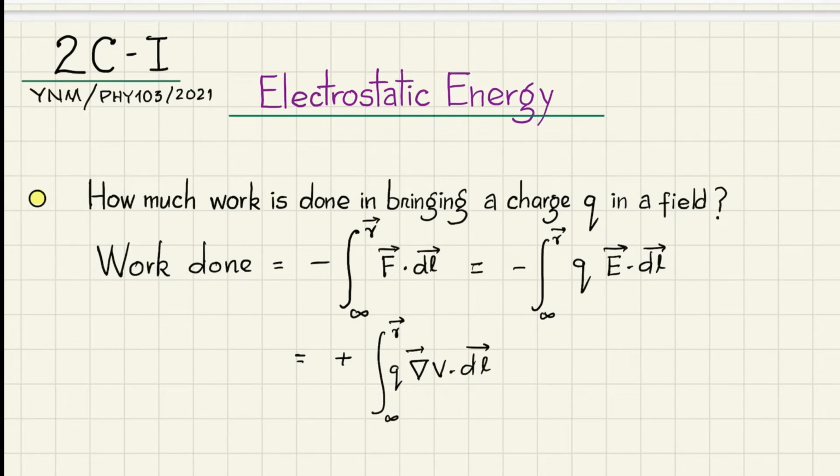All right, and I assume that V of infinity is equal to 0, and in that case, by the gradient theorem, this is nothing but Q V of R.